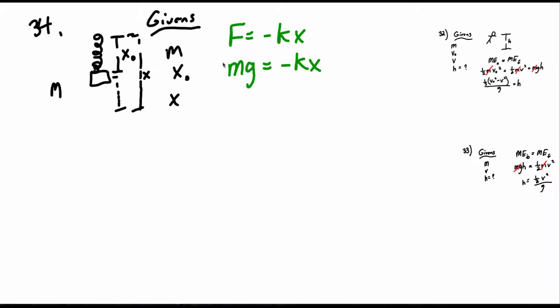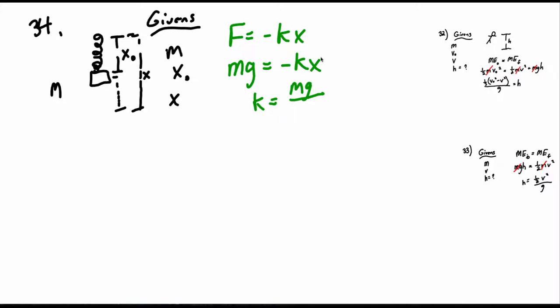Solving for the spring constant, the spring constant will never be negative. The negative just says that the force is opposing the direction of the stretch, this restorative force. So I'm just going to say k is equal to mg over x, and I should be more specific here.